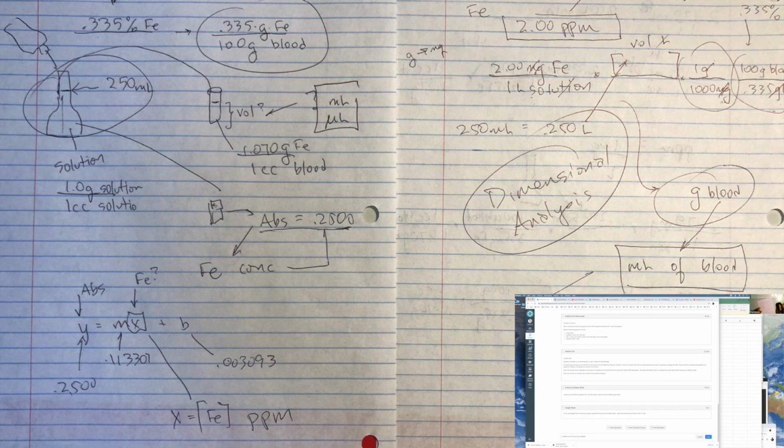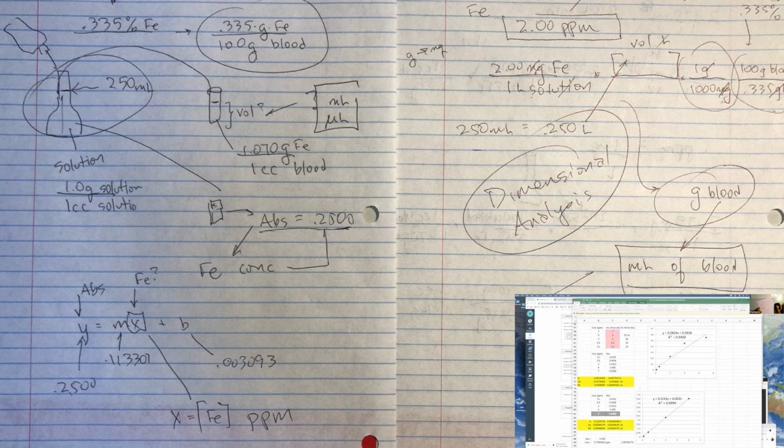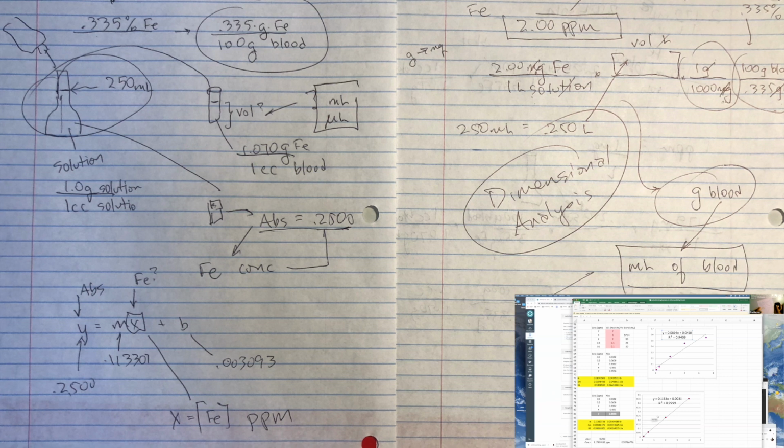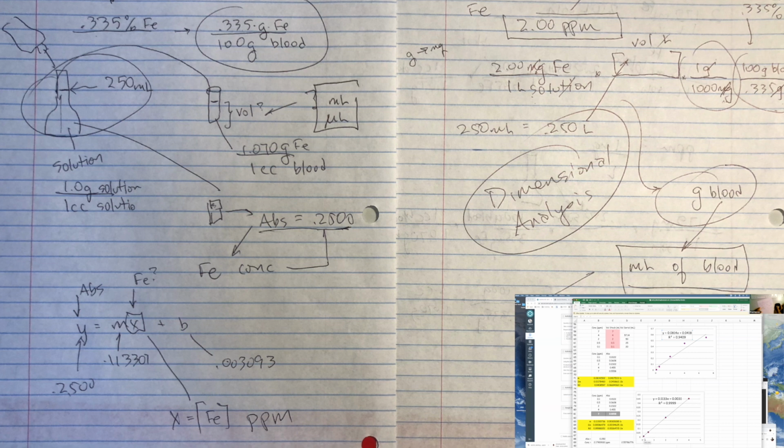Well, what data do you need? Well, you use this data right here, this graph. So what you need to do is find the absorbance, that's your y-axis here, and then extrapolate to this correlation line and figure out the concentration of iron, because the concentration of iron is along the x-axis, the absorbance along the y-axis.